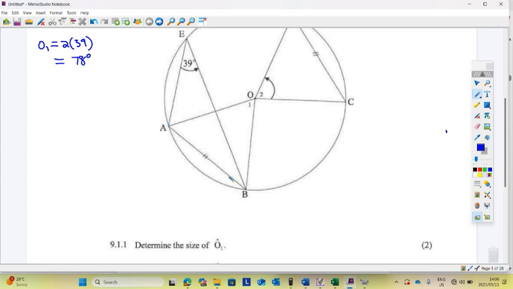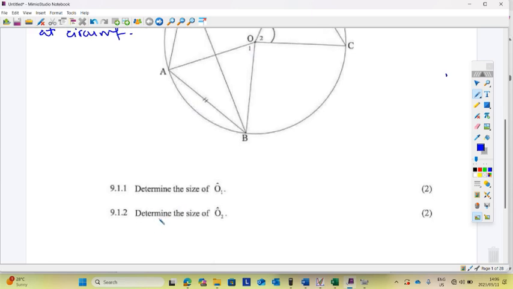The reason for that, it's subtended here: angle at center is equal to 2 times angle at circumference. This is the angle at the center, which is 2 times bigger than the angle at the circumference. That is the first one, O1.